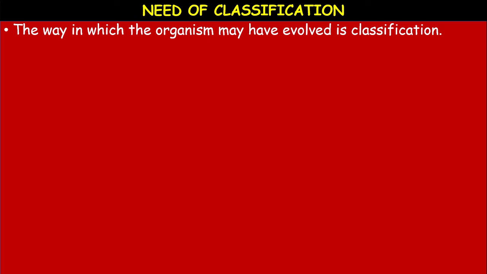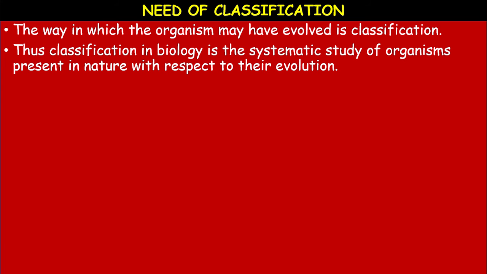There is no systematic study, isn't it? So there is a need for classification. The way in which the organisms may have evolved is classification. Thus, classification in biology is the systematic study of organisms present in nature with respect to their evolution.